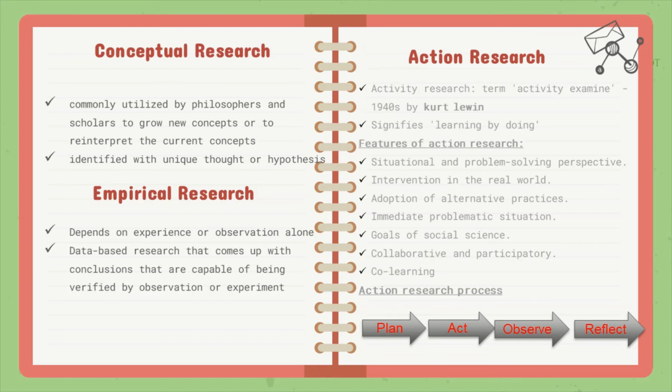And the third is action research. Action research was termed by Kurt Lewin in the 1940s. The significance is learning by doing. There are some features in action research. It should be situational and oriented toward problem solution. It should intervene or make changes in the real world with its result.